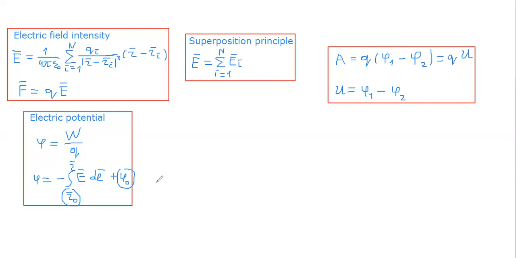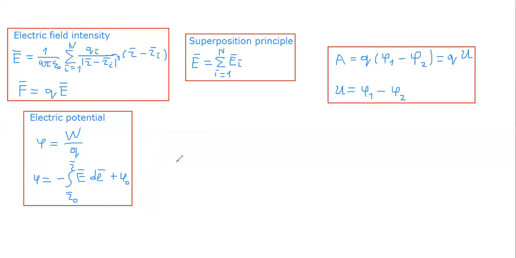R is the radius vector of the point in which we want to find the potential. I think I'll show an example of using this formula later.